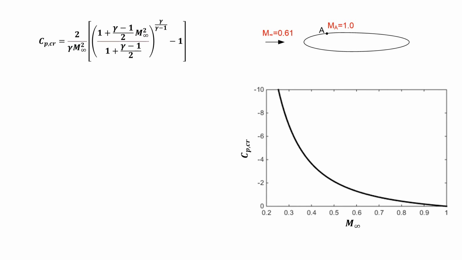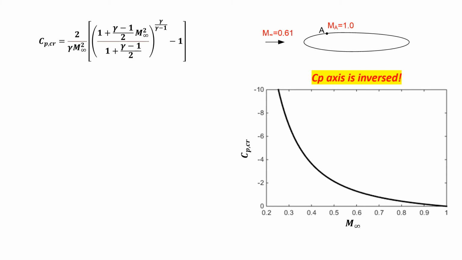The above relation is CP critical versus the free stream Mach number, or the critical Mach number. If the free stream Mach number increases, we will also see that CP critical increases, and the relation is plotted here.